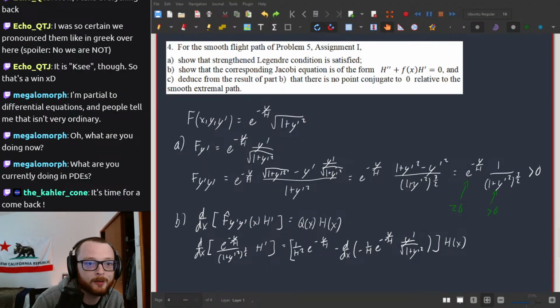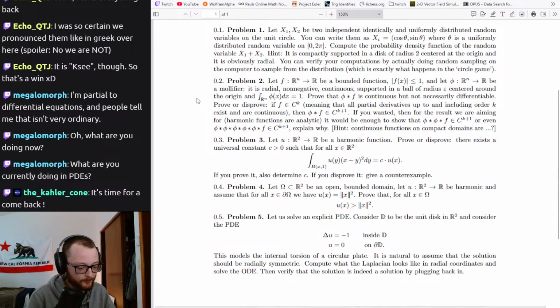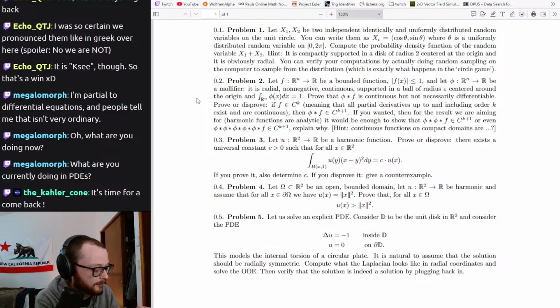We've just been talking about harmonic functions and their various properties. This is the homework assignment that I was just doing at the start of the stream that I got stuck on. A lot of maximum principle, mean value property, regularity.